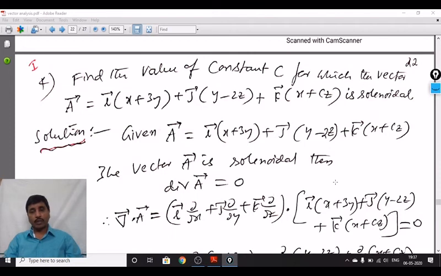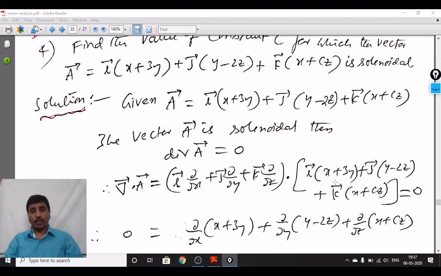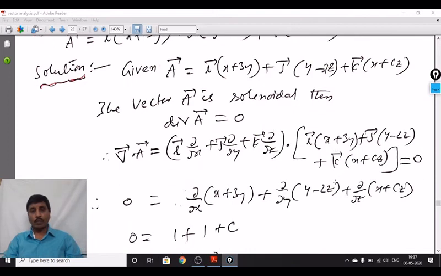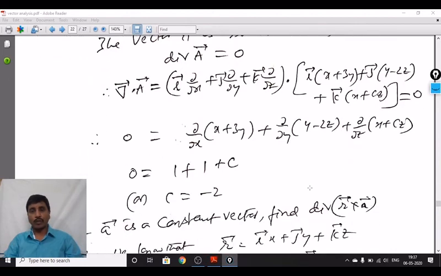Solenoidal means if div a bar is equal to 0, the vector a bar is called solenoidal. So div a bar is equal to 0 means del bar dot a bar is equal to (i bar dou by dou x plus j bar dou by dou y plus k bar dou by dou z) dot (i bar (x plus 3y) plus j bar (y minus 2z) plus k bar (x plus cz)) is equal to 0. On solving, we get 1 plus 1 plus c is equal to 0, or c is equal to minus 2.